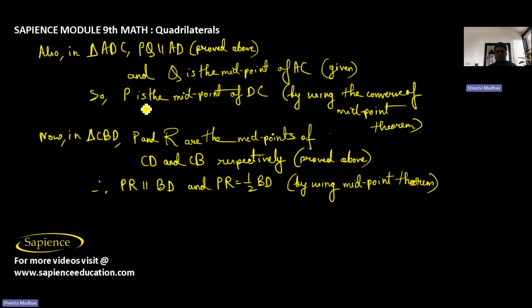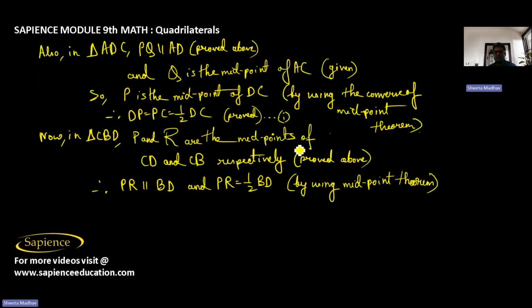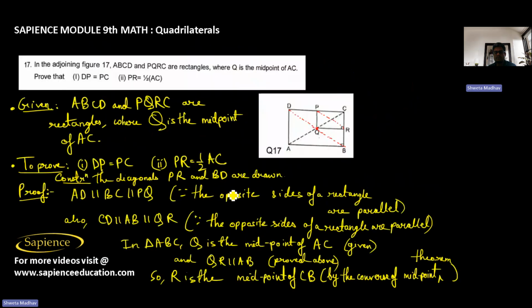So here we have found that P is the midpoint of DC. Therefore, I can say DP is equal to PC, which is equal to half of DC. So hence the first part is proved. And here also PR is equal to half of BD, which we have proved by using the midpoint theorem.